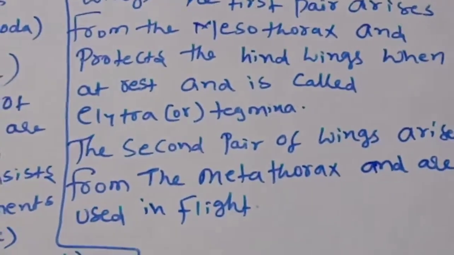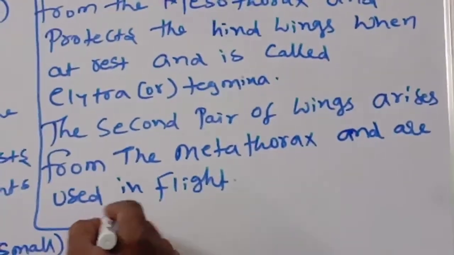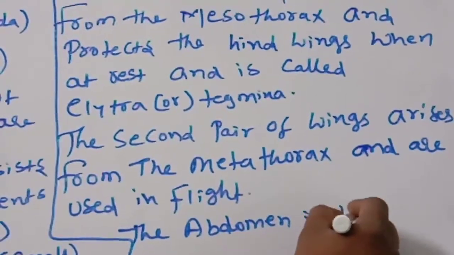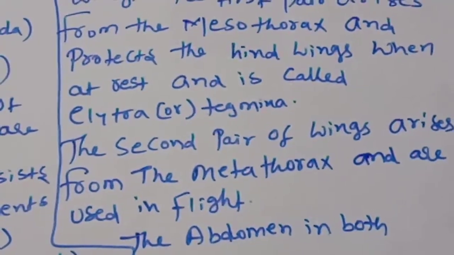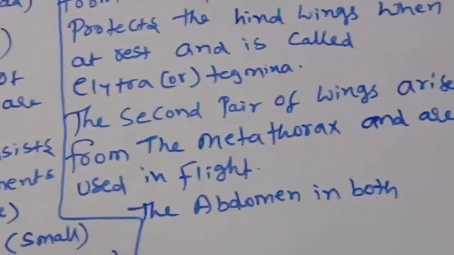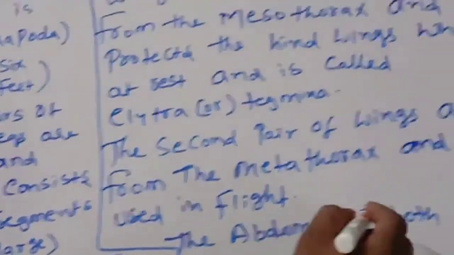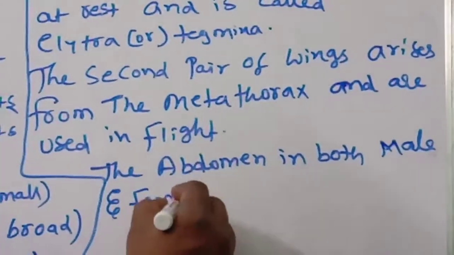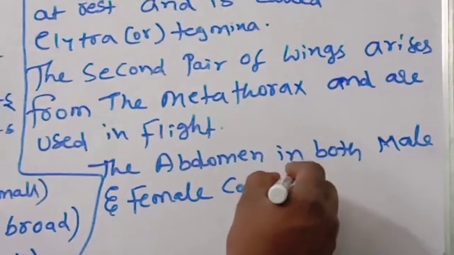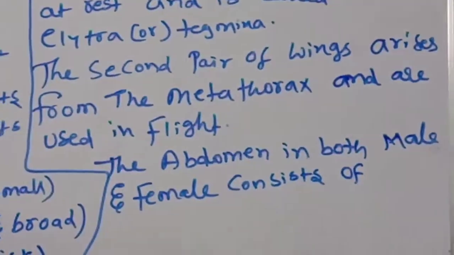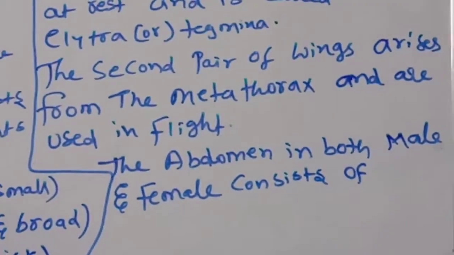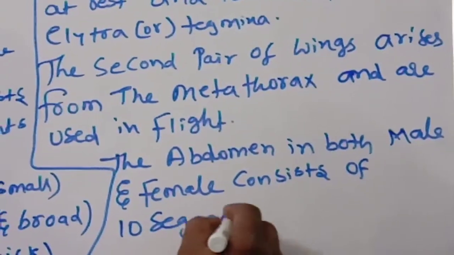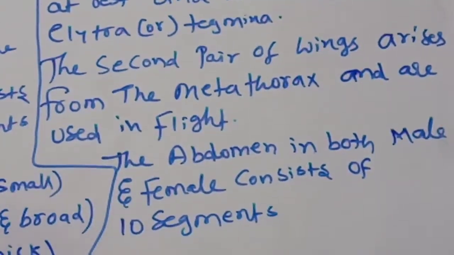Next, the abdomen in both male and female consists of 10 segments.